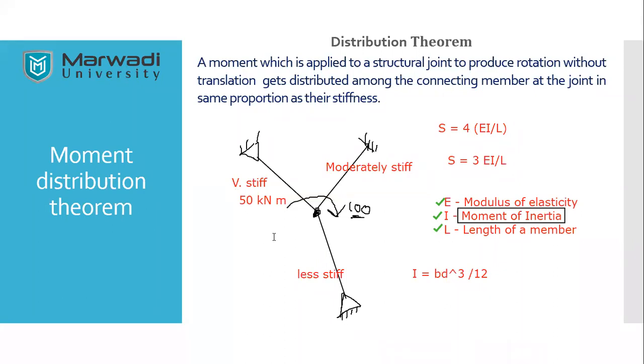Here the same thing is applicable. The moderately stiff will be carrying 30 kilonewton meter, and the less stiff will be carrying only 20 kilonewton meter. Is that clear? So this is what moment distribution theorem tells us.